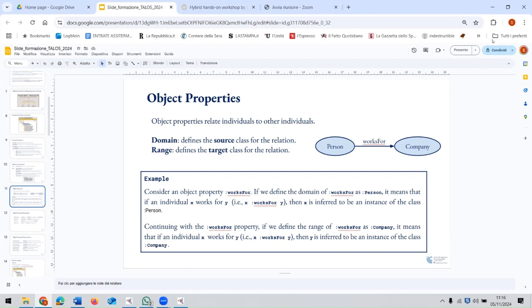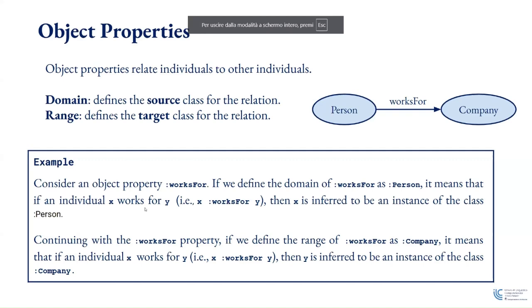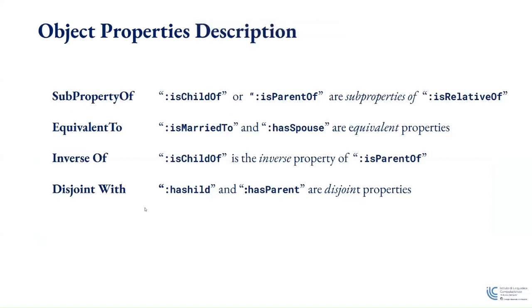We can also describe these object properties. For example, we can say that is child of and is parent of are subproperties of is relative of.